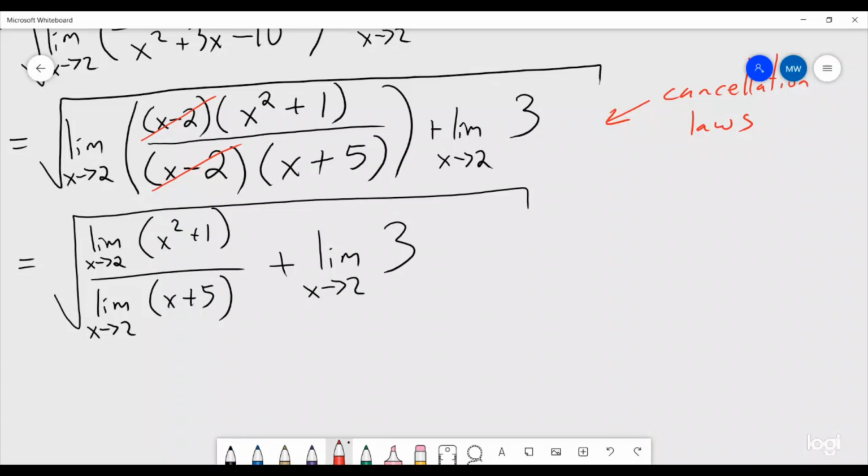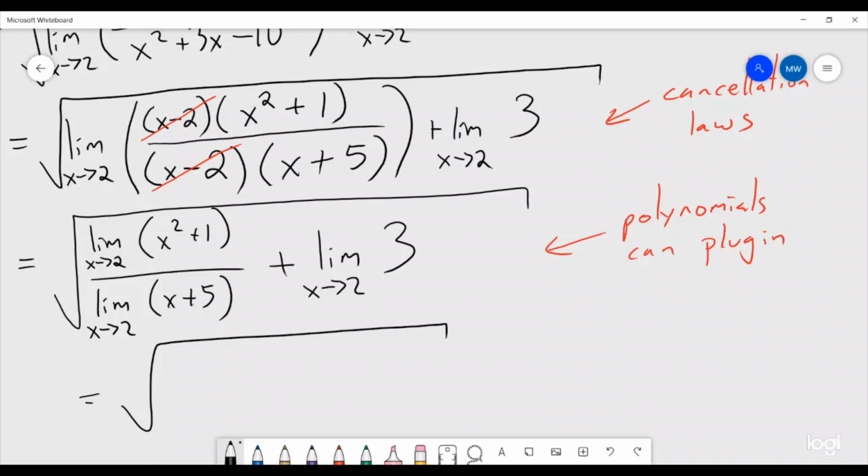We can just plug in, since polynomials can plug in. So this is going to be equal to the square root of where we just plug everything in.